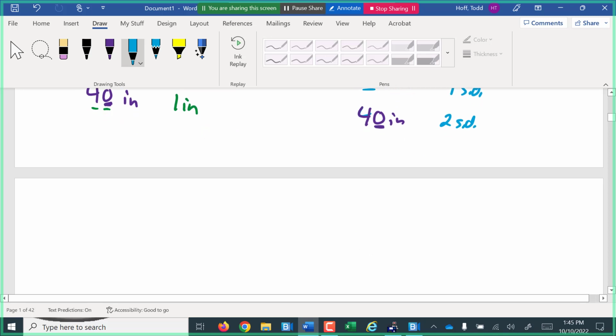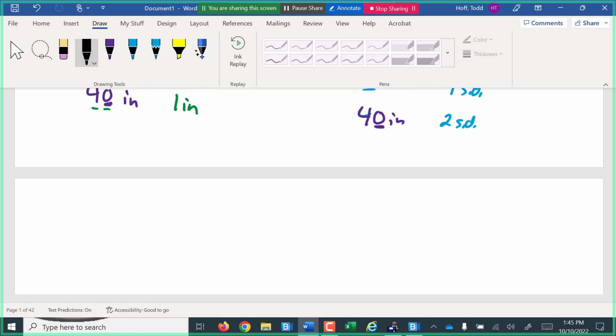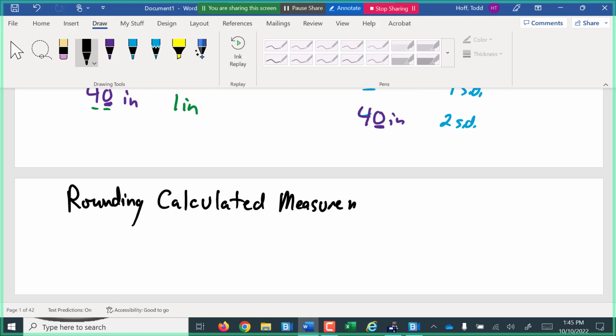Why are precision and accuracy important? Well, because that's how we round our measurements when we calculate. Now again, for this class, I am not going to expect you to round your measurements to significant digits.